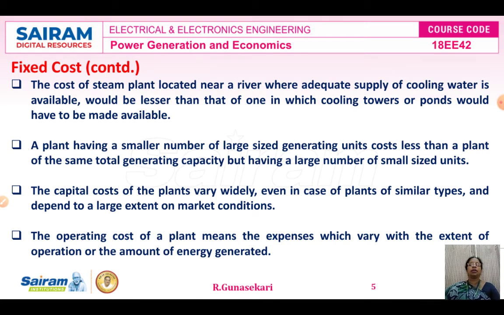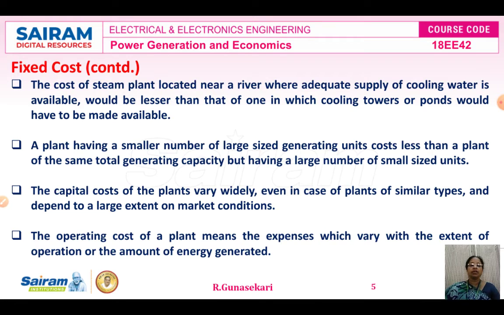A power plant having a smaller number of large sized generating units, that is generators or alternators, costs less than a power plant of the same total generating capacity but having a large number of small sized units.